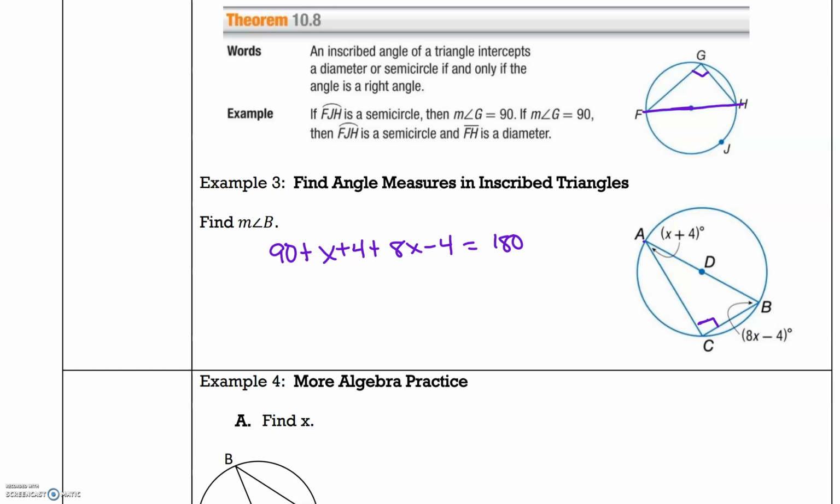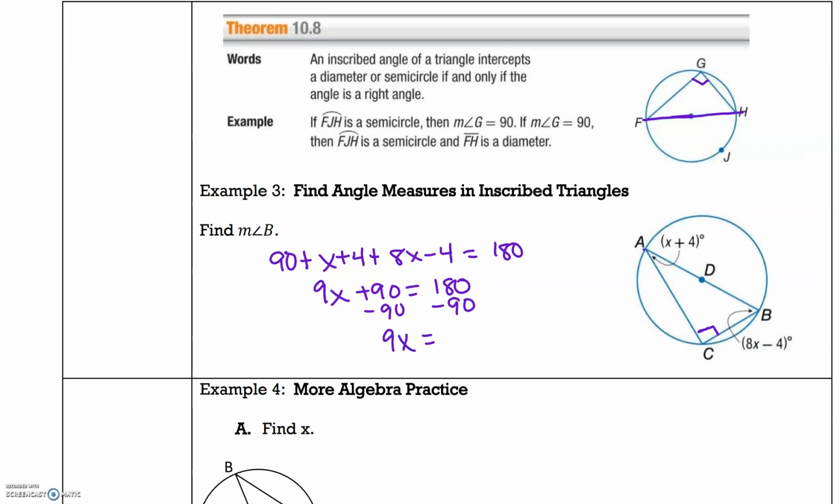So we have 9x plus 90 equals 180 when we combine all of our like terms. And we solve, and get x is 10, and we can plug it back in to take 8 times 10 minus 4, which is 76 degrees for angle B.